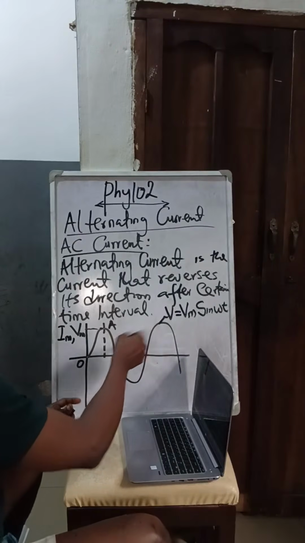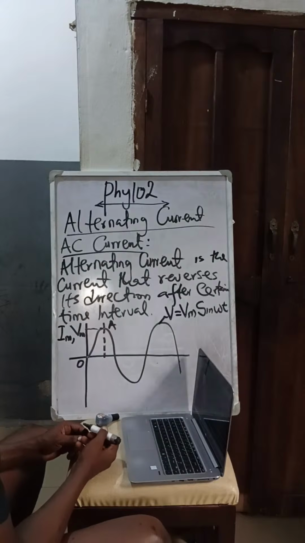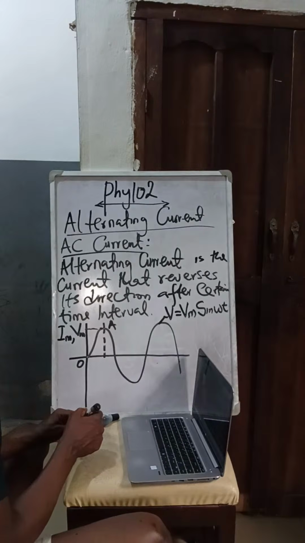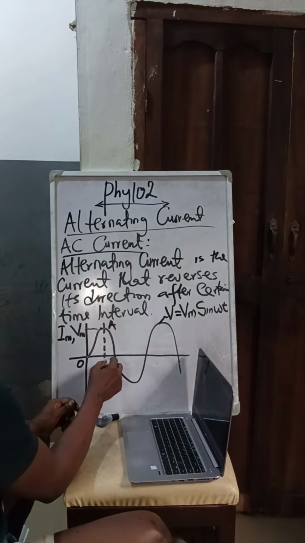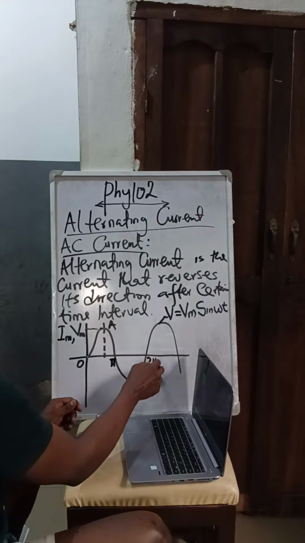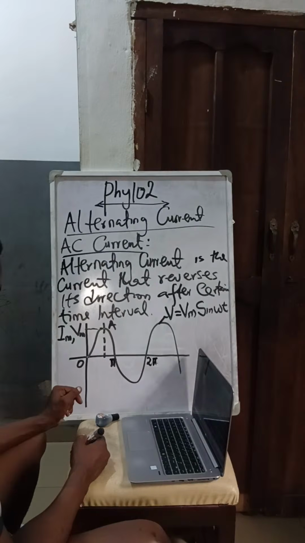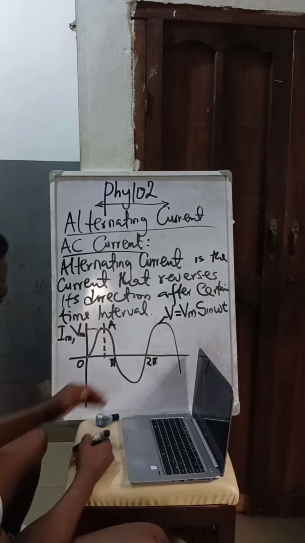Voltage at every instant. Okay, then if here is 0, here is pi, here is 2 pi. 0 to pi is half cycle. 0 to 2 pi is full cycle.